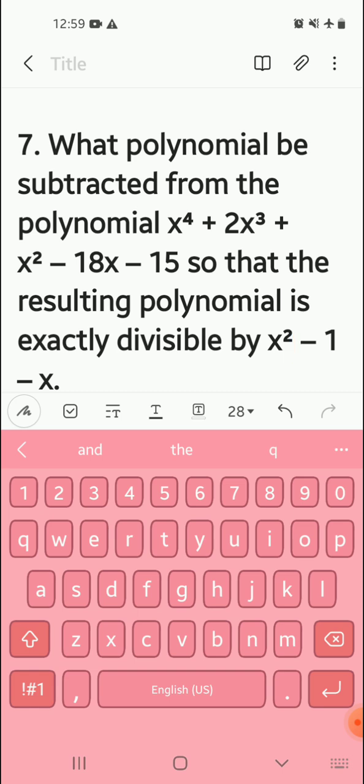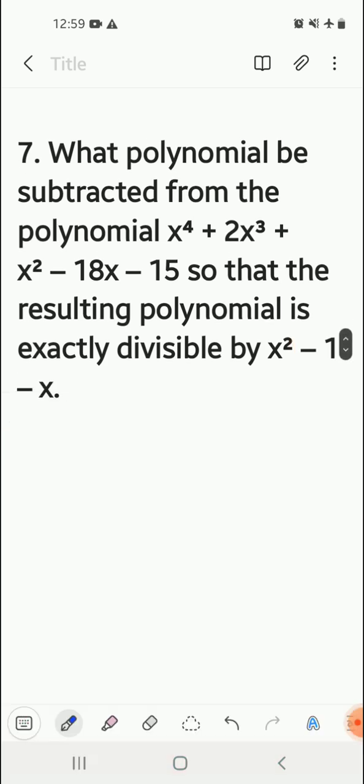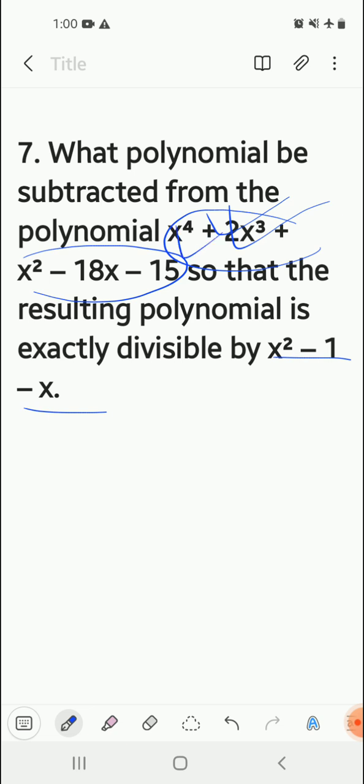So what is the polynomial that we have to subtract from this thing which is given to us, so that whatever answer we get is perfectly divisible by this? For which we have to divide this number with this number and check what is the remainder. That is the number which is to be subtracted from this given number so that it is exactly divisible. So let's copy it down.